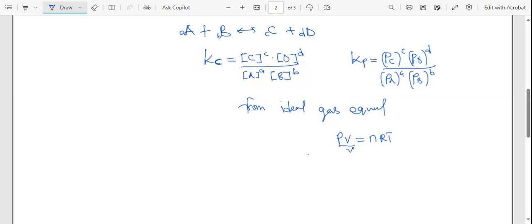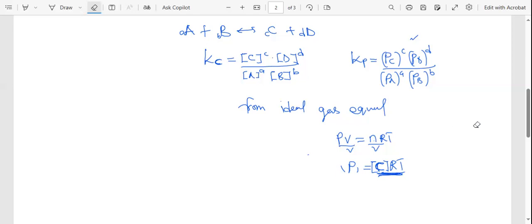Dividing throughout by V, pressure is equal to n over V, and moles over volume is the concentration, the molarity, in moles per decimeter cubed or moles per liter, times RT. This means that wherever we have P in this Kp, we'll be putting this concentration placed in those brackets. Those brackets actually mean concentration. Just the normal brackets, they don't mean concentration; they mean something else.